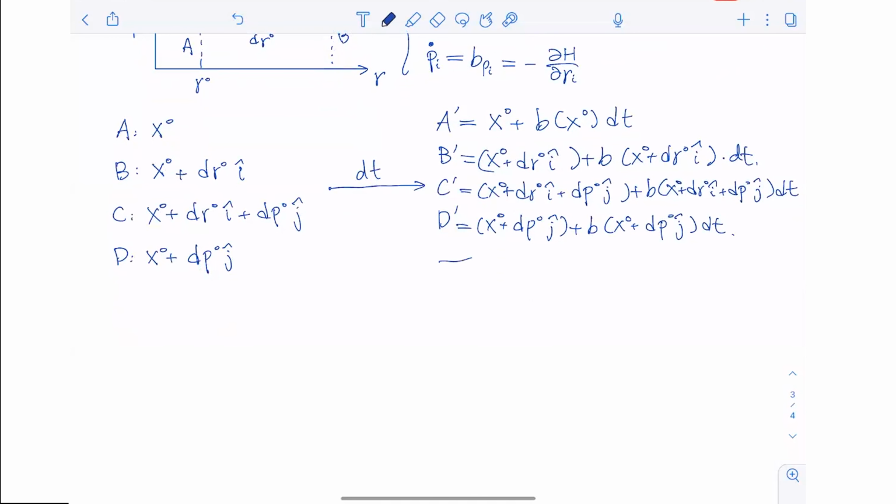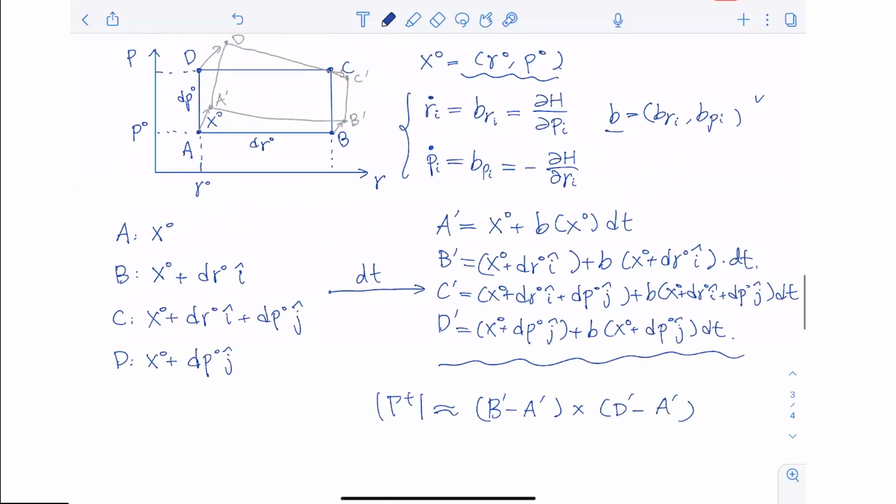Okay, so we can ask how to evaluate the volume once these four corners are moving as a function of time. The simplest way to imagine that is approximately by a cross product.